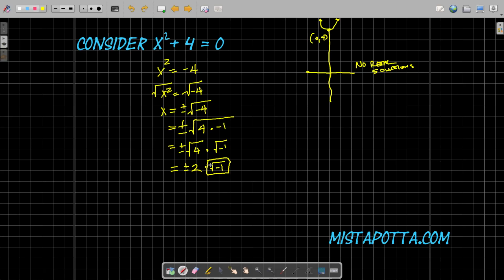This happened during the 1800s, and mathematicians came up with the idea to let the square root of negative 1 be i. And so we would say that my solution is plus or minus 2i. This idea is something called an imaginary number.